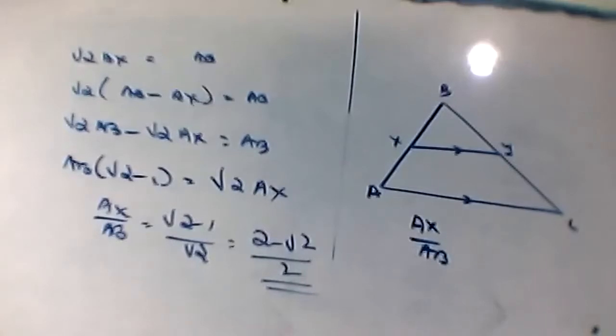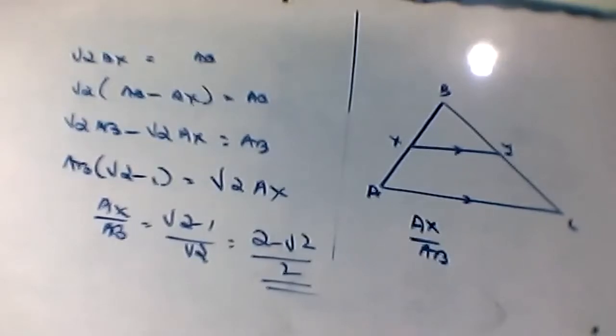Listen all. We wrote area of triangle BXY equal to area of quadrilateral AXYC, given. Adding area of triangle BXY on both sides, we get area of triangle BXY plus area of triangle BXY equal to area of triangle BXY plus area of quadrilateral AXYC.